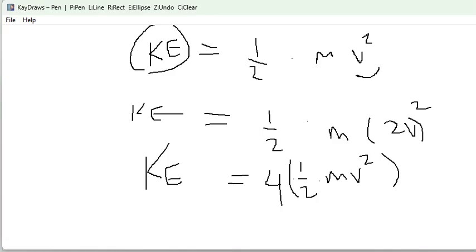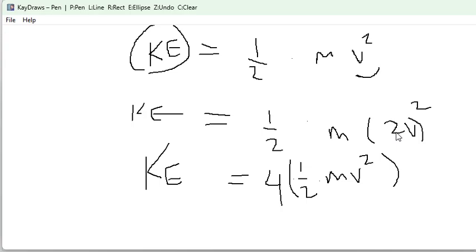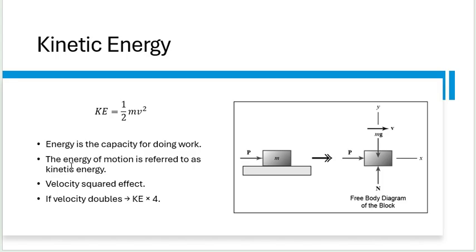Do not do, like I almost did, the V is 2. It doesn't say velocity is 2 meters per second squared. It said your velocity doubles. So therefore, you're going to have to do double, and you get kinetic energy quadrupled. Why? Because of the squared effect.